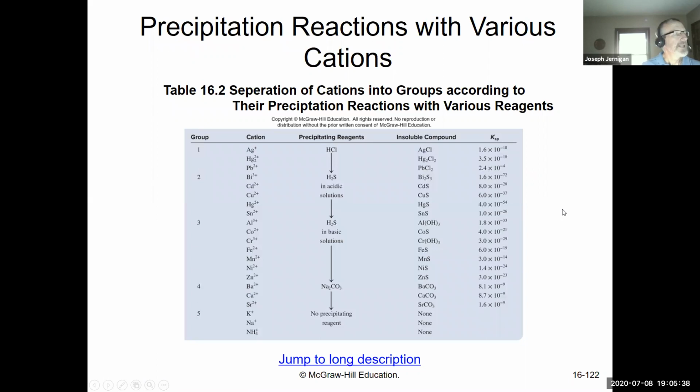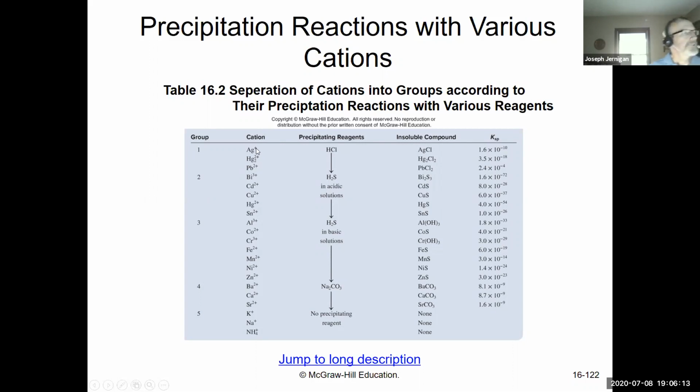The last thing I wanted to talk about here is that there are rules an analytical chemist can use to selectively separate metal ions from solutions. You can use solubility product thinking to selectively precipitate some reagents from solution.